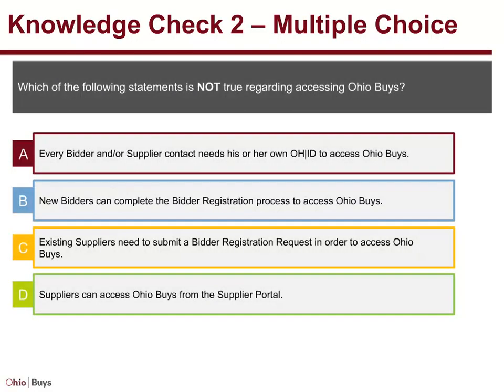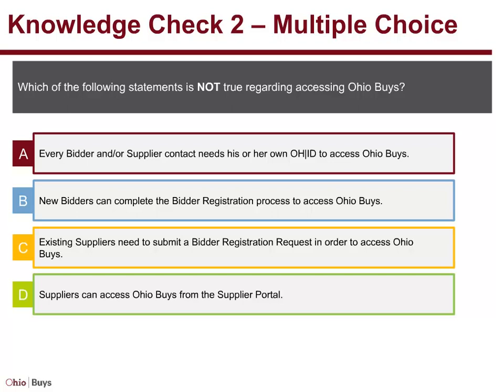Knowledge Check 2. Multiple choice. Which of the following statements is not true regarding accessing Ohio Buys? Option A. Every bidder and/or supplier contact needs his or her own OHID to access Ohio Buys. Option B. New bidders can complete the bidder registration process to access Ohio Buys.